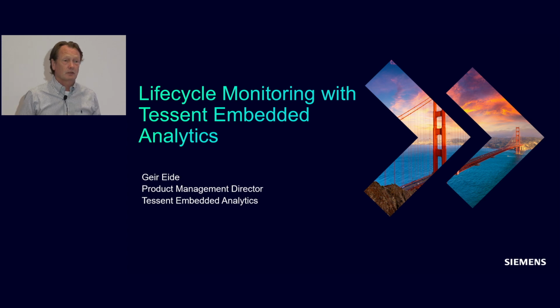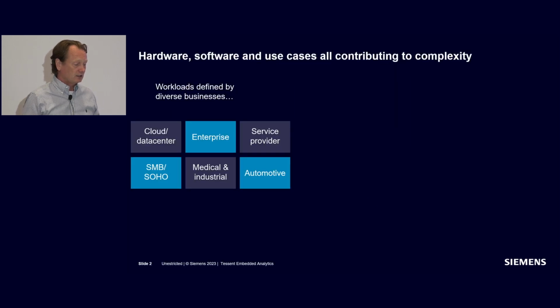Now, since then, a lot of things have happened, and again, I've learned to live with having to reboot my phone, my tablet, the hatch of my door, and also update the firmware on my washing machine. But really what's driving this system complexity is the fact that we have workloads being defined by different market segments.